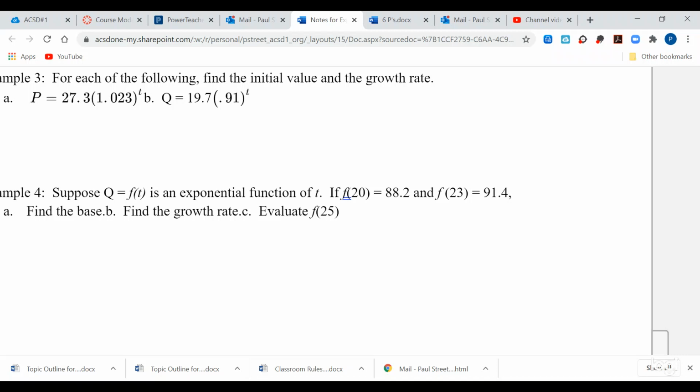Okay, so far. So coming back, Tim's nodding yes. What do we do then? Tim, would you remember? Don't you subtract the second equation? Not subtract, because we want to get rid of this A. So divide. We could do it this way, but we're going to get a negative exponent. It might be a little cleaner if I put the 88.2 equals AB to the 20th underneath the 91.4 equals AB to the 23rd.